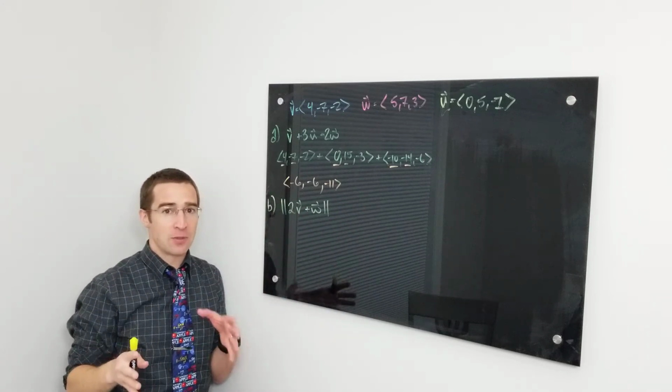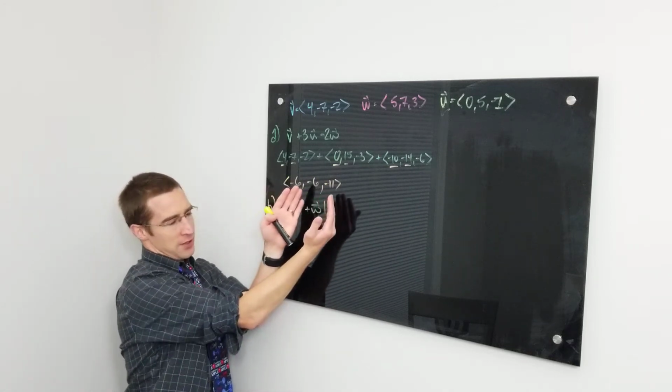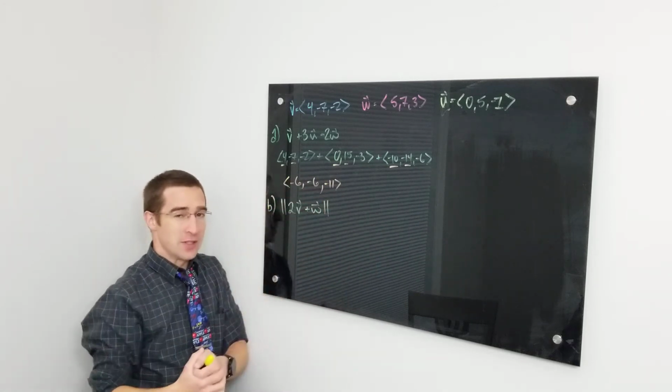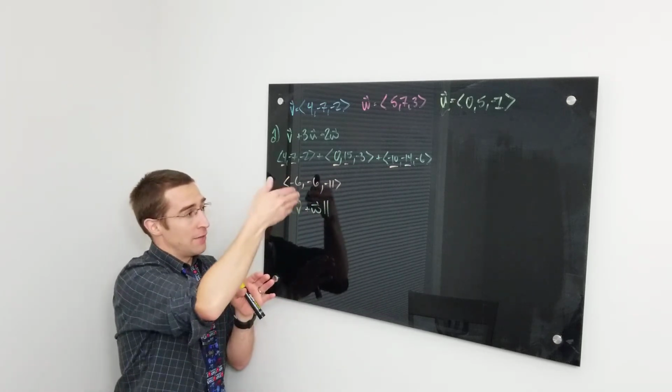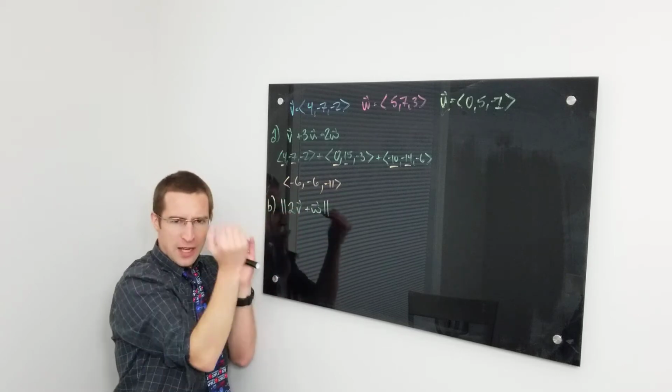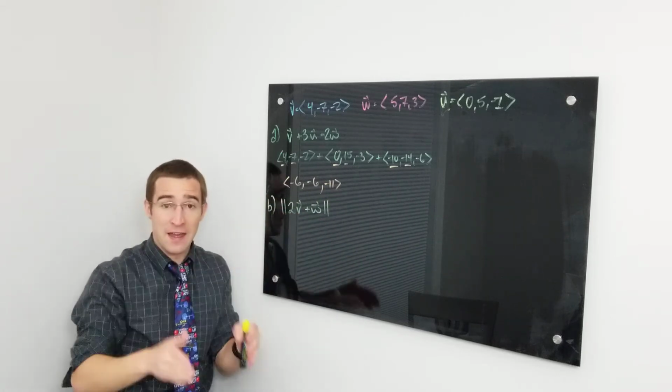I remember back in chapter 6, we had some problems similar to this. Some people took the magnitude here and the magnitude there and then added those together. That's not what we're doing. If it was, we'd have magnitude symbols around each one. It's kind of like parentheses: do the stuff inside first and then take the magnitude.